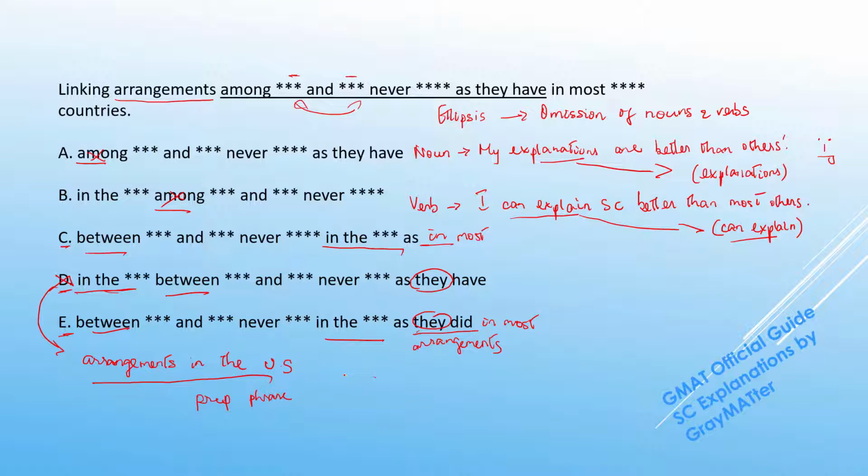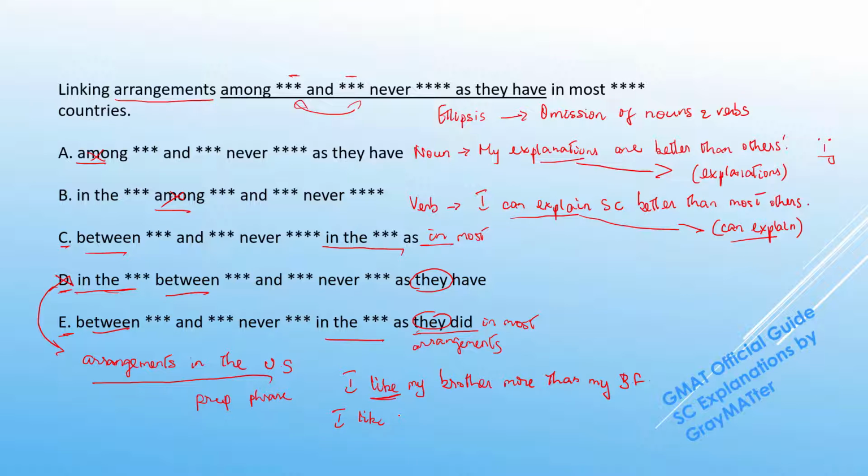So for example, if I said, I like my brother more than my best friend, what exactly does this sentence mean? You might think that the meaning here is pretty straightforward, but it is actually not. Because we can see that the verb that is being ellipsed here is like. And this sentence could mean one of two things.